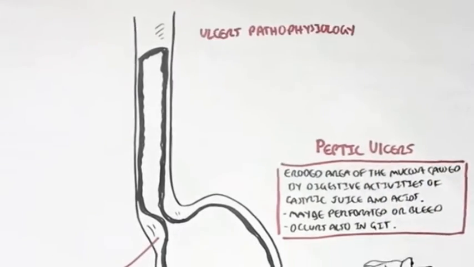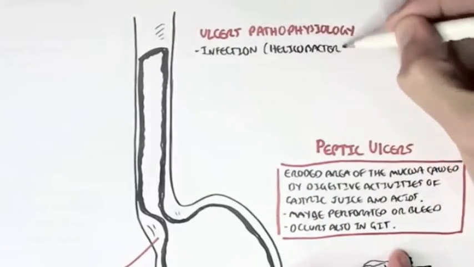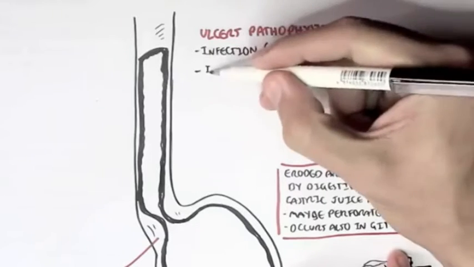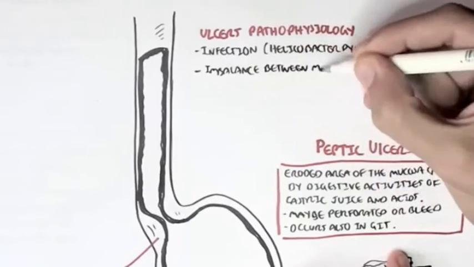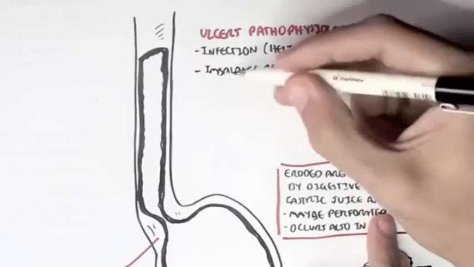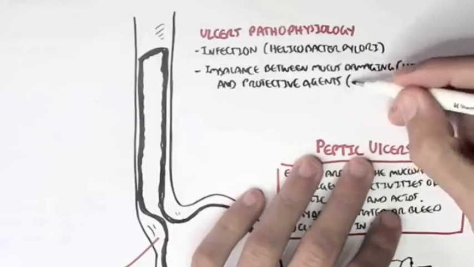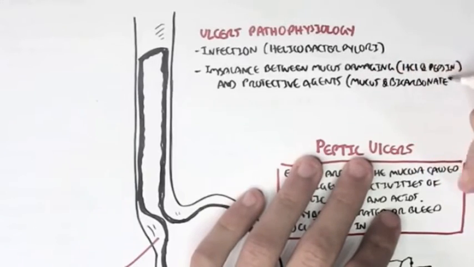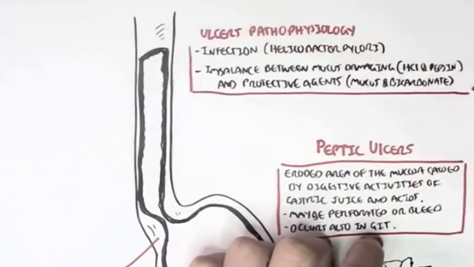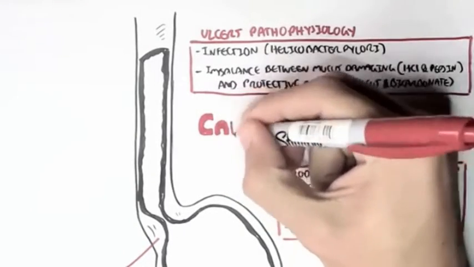If there is an infection by bacteria such as Helicobacter pylori, this can cause peptic ulcers. And of course, if there is an imbalance between damaging products such as pepsinogen and hydrochloric acid and the protective products such as bicarbonate and mucus, this can cause peptic ulcers. So if there's less mucus and there's more acid, of course you would damage the mucus layer, causing peptic ulcers.